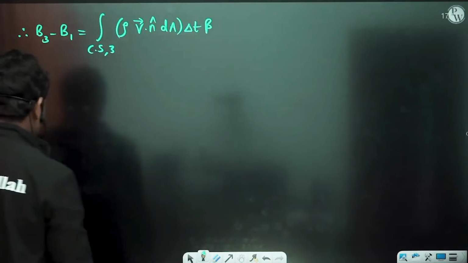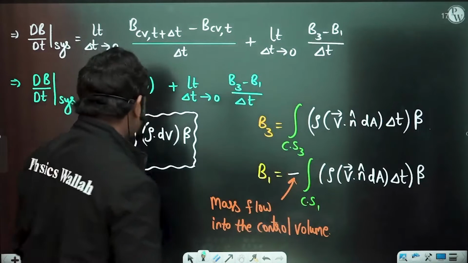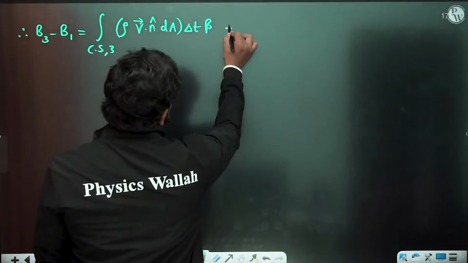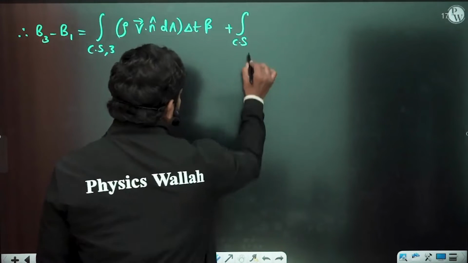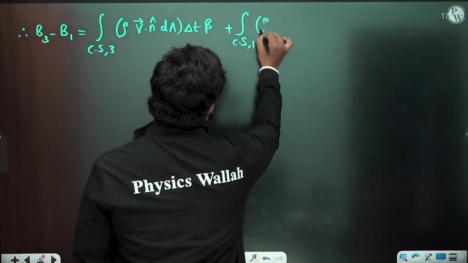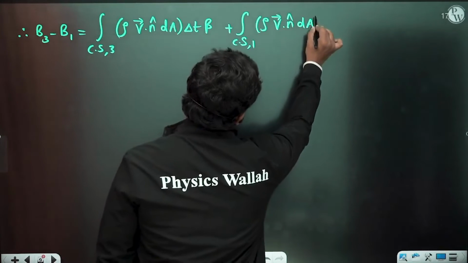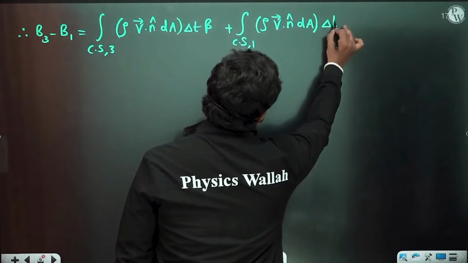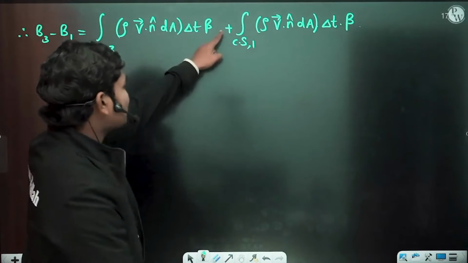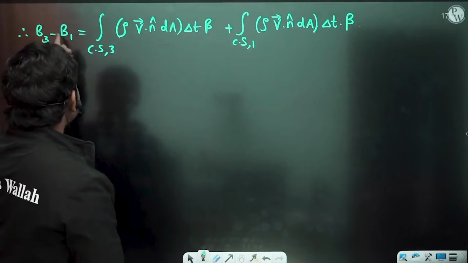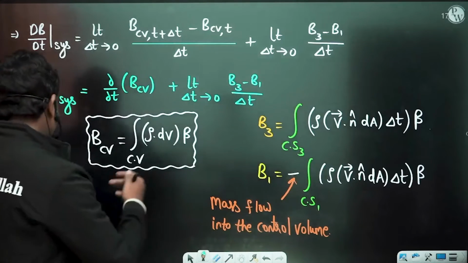This is the total, minus this quantity. So minus of minus gives you plus: plus the integral over the control surface 1 of rho times V bar dot n cap dA, into delta T times beta. Clear? This is a plus sign because B3 minus B1 has one more minus, so minus of minus becomes plus.